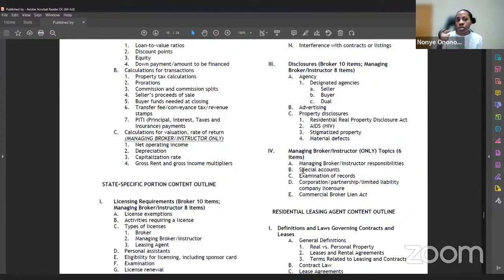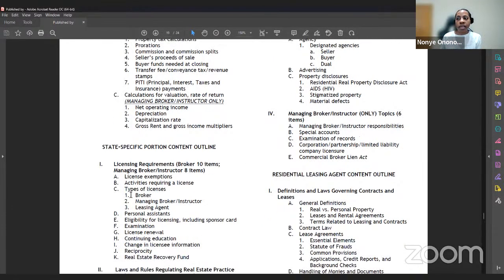So that doesn't apply to you who's getting your broker license. But if you're getting your managing broker license, then you also need to know those other portions. Now in your book, you will also have these portions listed for managing broker and instructor only. So you'll see it in your book, and your instructor in class will go over that information, or whichever curriculum you're using, right? You have information about that in your coursework, but just know that for the exam, you may not get a lot of questions from those sections, okay?